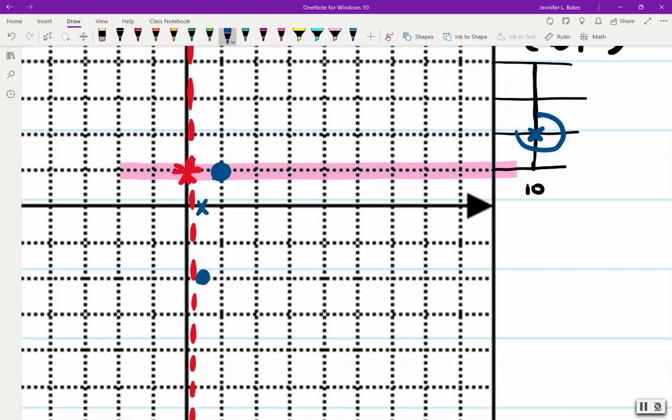Then this point right out here, based on the pink line, how tall is it? Show me on your hand. Good, it's 1. 1 times 3 is 3. So we're going to bring it up to 3. Then we're going to draw this.